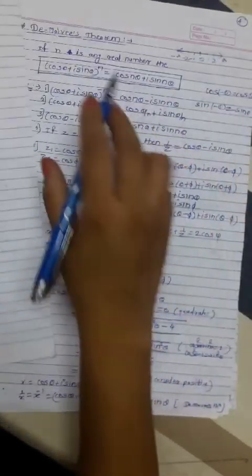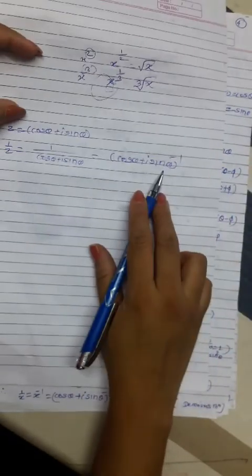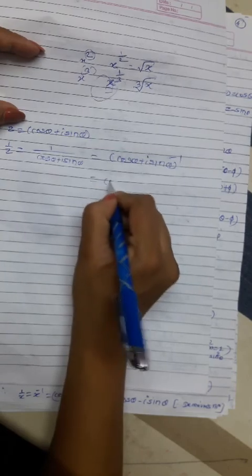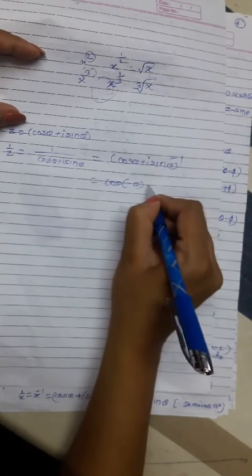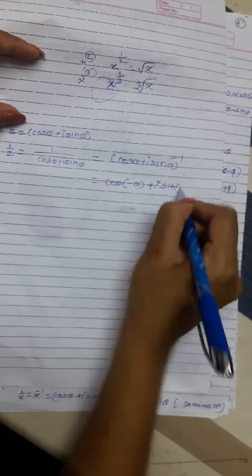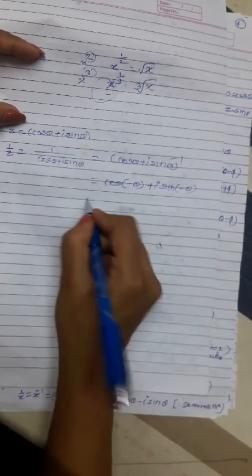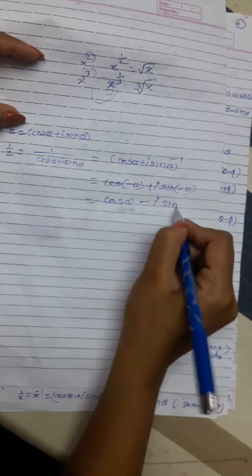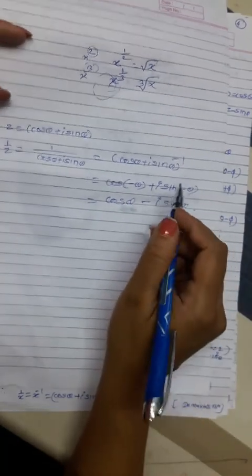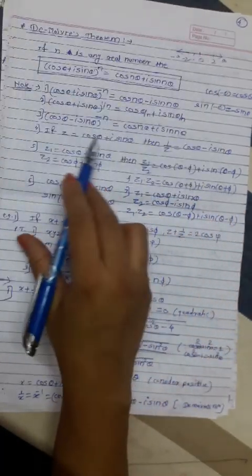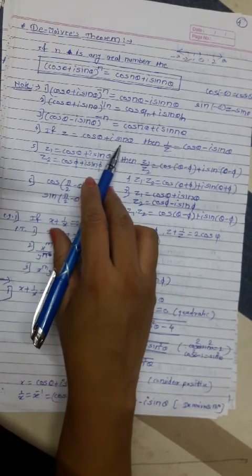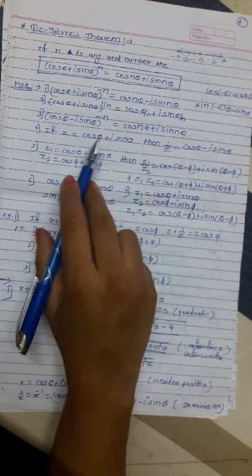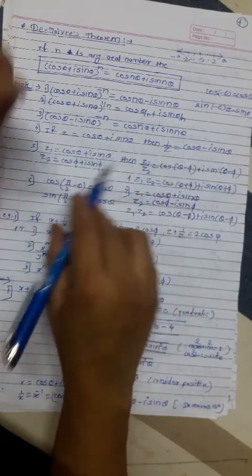Again apply De Moivre's theorem. Here what we get? Minus 1 attached to the angle theta. Therefore cos of minus 1 into theta plus i sin of minus 1 into theta. And we know cos of minus theta is cos theta, and sin of minus theta is minus sin theta. So what is the ultimate conclusion? If z is cos theta plus i sin theta, then 1 upon z just reverses the middle sign.